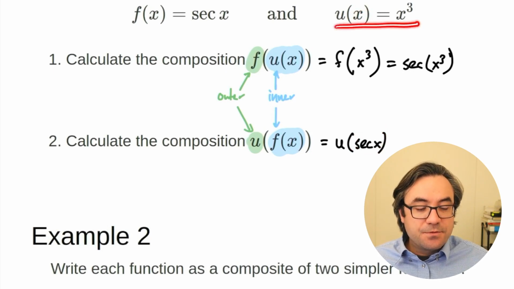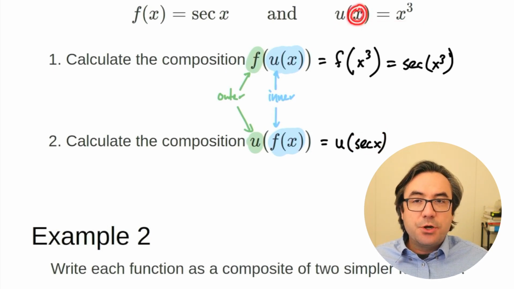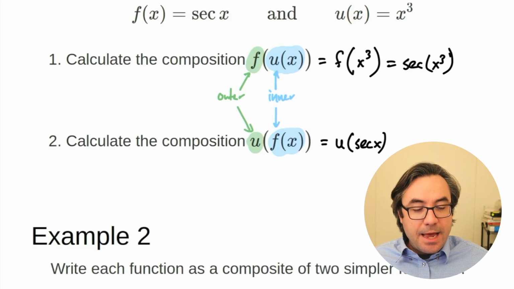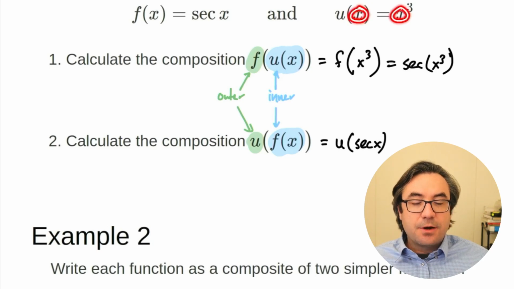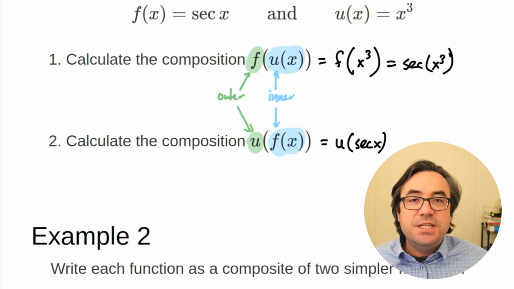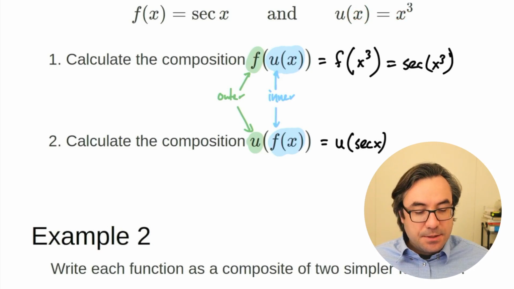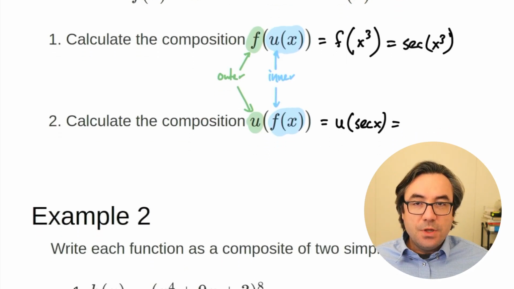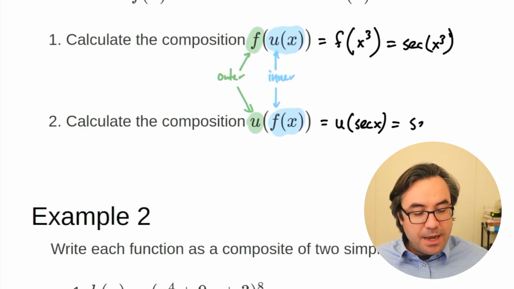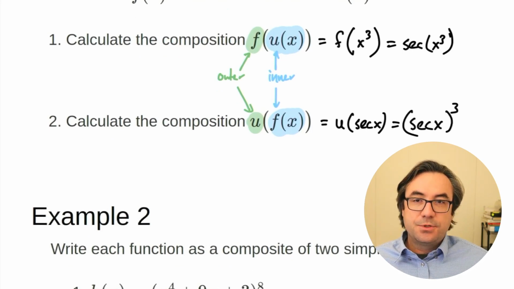So the way we read this formula is take whatever input you're plugging in and cube it. So in our case, we're plugging in secant x. So wherever I see an x up here, I'm just going to swap it out with secant x. So for our case, we're going to end up with secant x cubed.